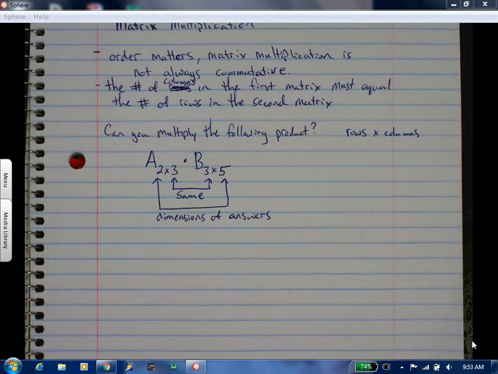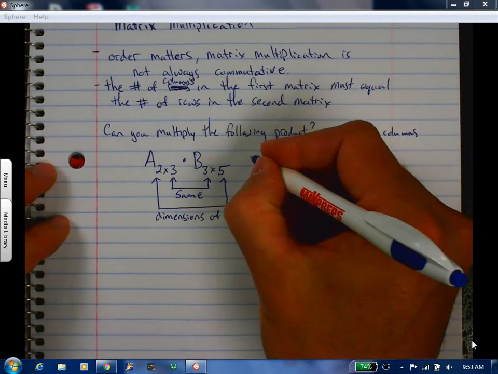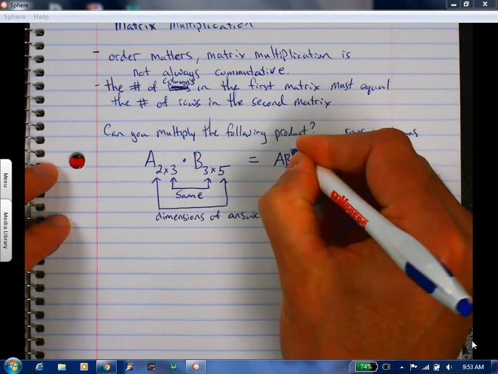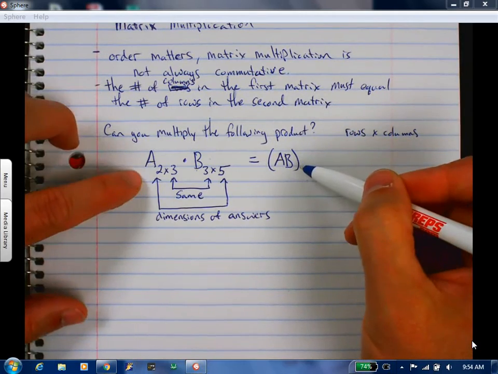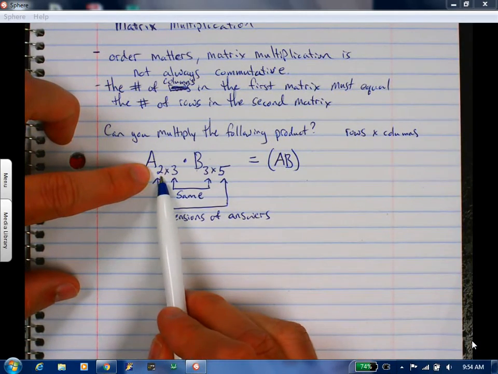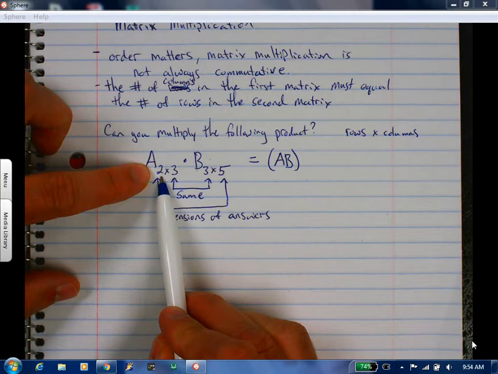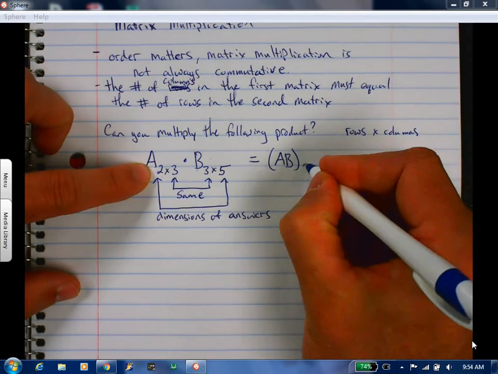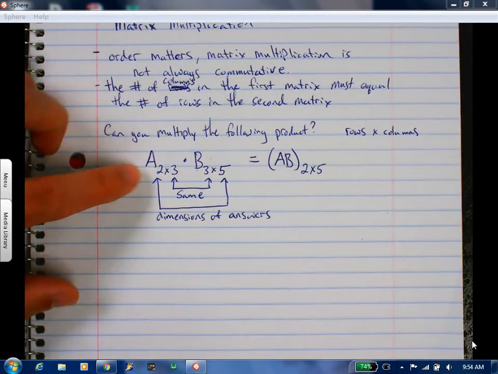So that means I can multiply these, and if I take A times B, my answer will have how many rows? 2. How many columns? 5. So it's just the order in which you say it: 2 rows by 5 columns. So A times B is going to be a 2 by 5 matrix.